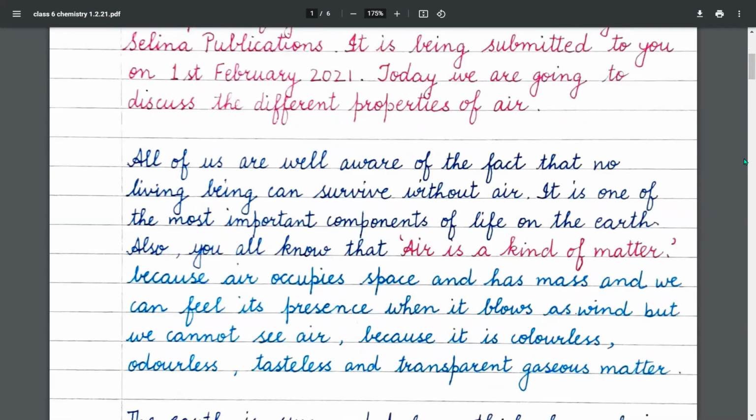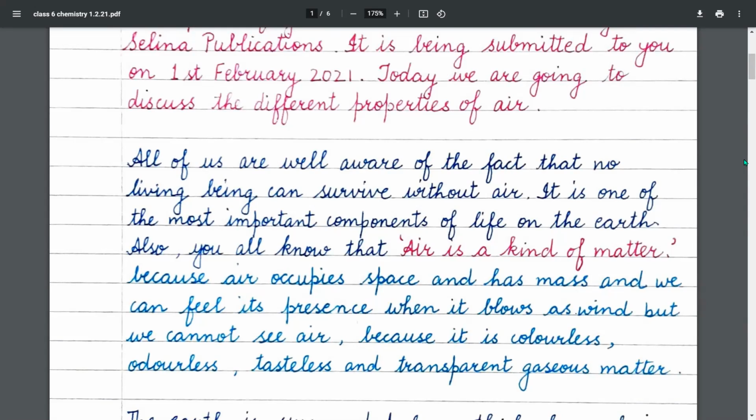Also, you all know that air is a kind of matter because air occupies space and has mass, and we can feel its presence when it blows as wind.